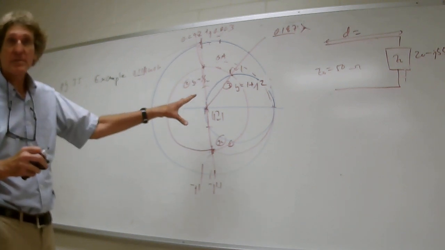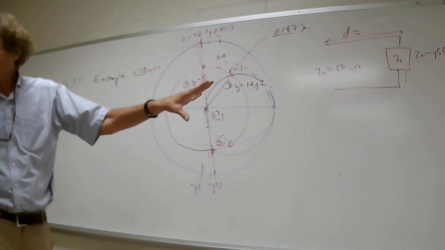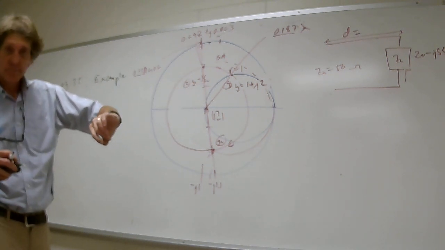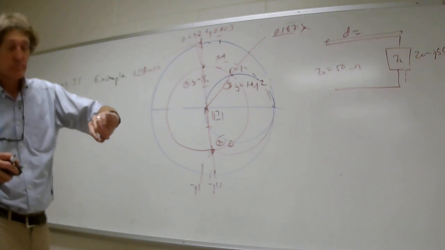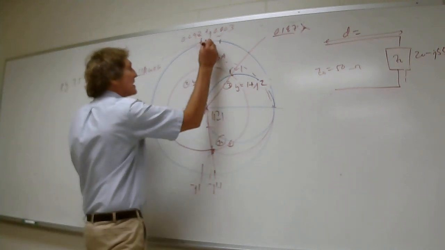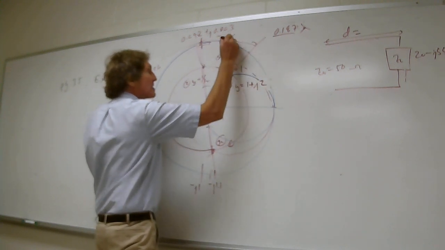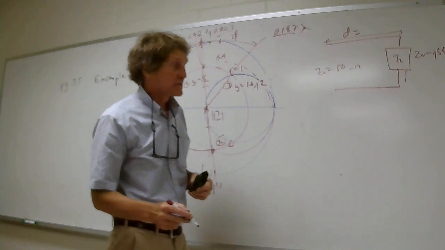Anyway, you all with me on this? Yeah. Okay. So the distance between there and the other point is the actual D value. So what is D going to be?